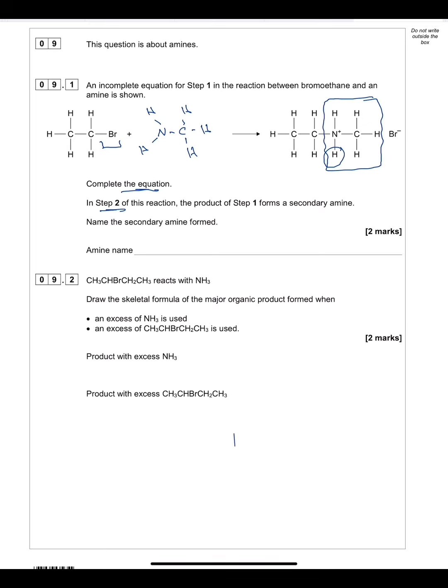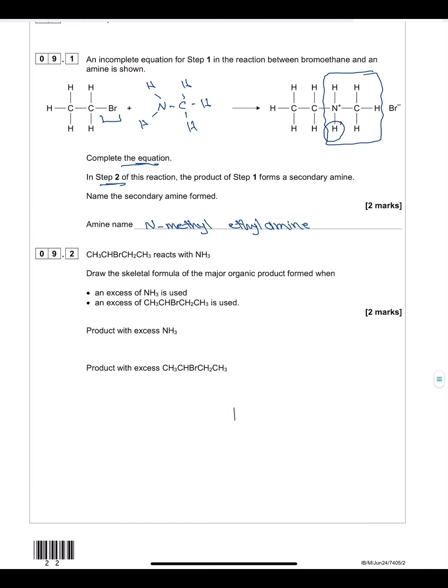The amine that will be formed can be named in many different ways, one of which is N-methyl ethylamine. You can also call it methyl ethylamine straight away, or you could call it methyl ethane amine. Whatever you name it, it's correct and will be accepted.